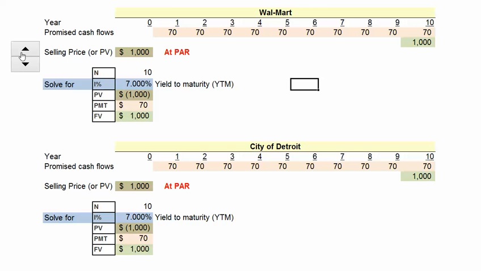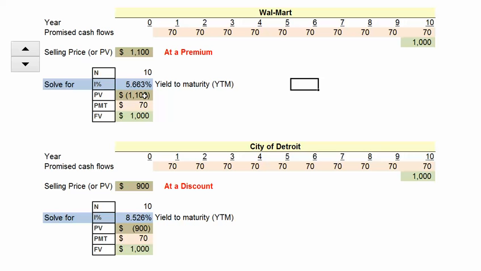So, as demand for the Walmart bond goes up, the price of the Walmart bond will get bid up. If no one wants to buy the Detroit bond, its price will go down. So the Detroit bond will sell at a discount, and the Walmart bond will sell at a premium.